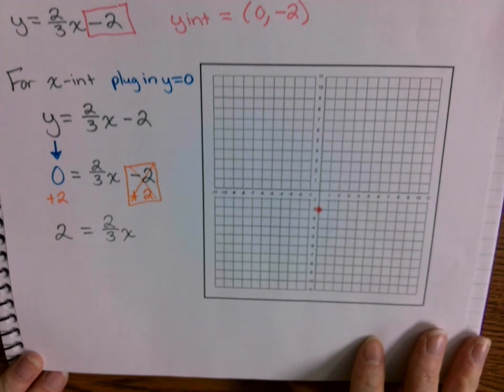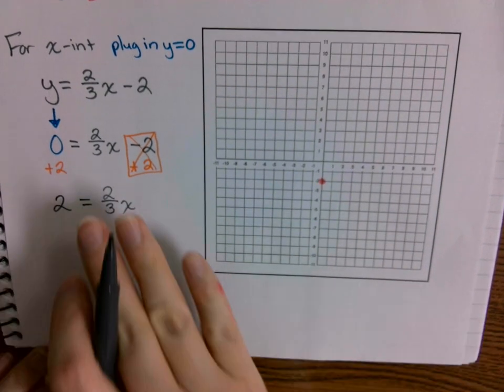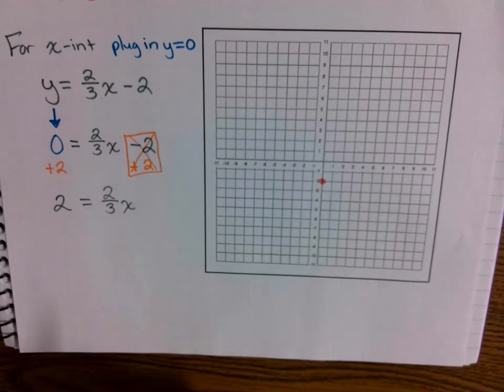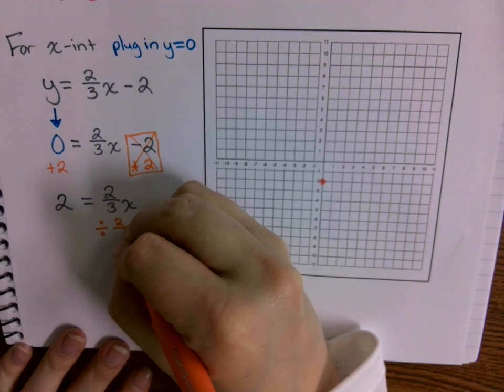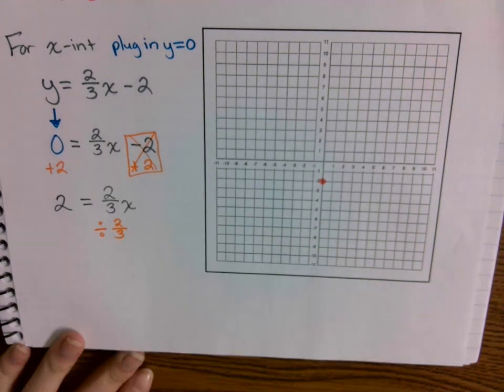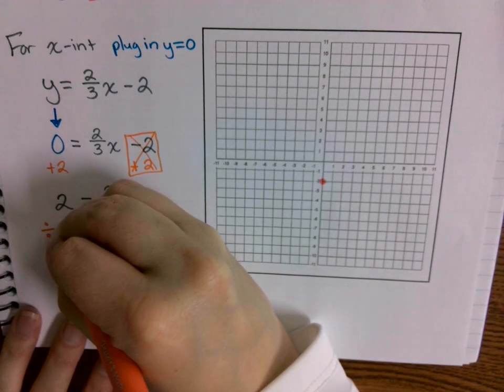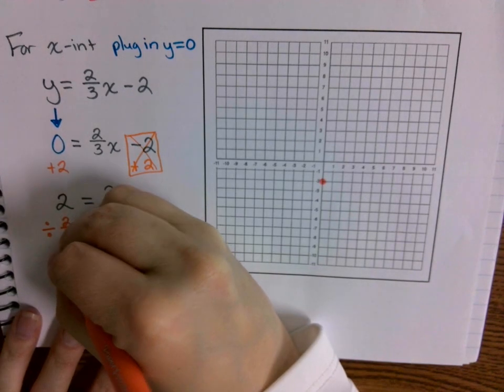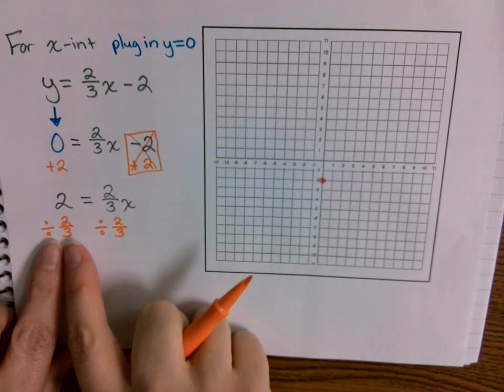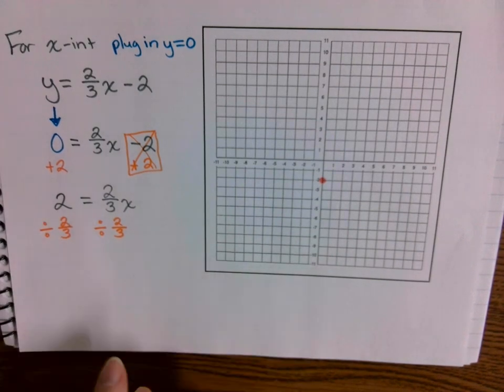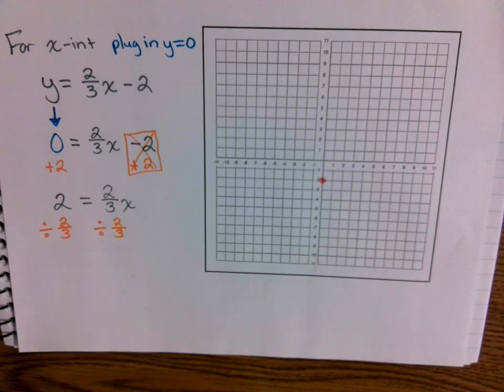Now to finish solving, we're just going to go ahead and divide both sides by the coefficient. We're going to divide both sides by 2/3. But this is something you should know. When we divide by a fraction, what operation are we really doing? Multiplication.